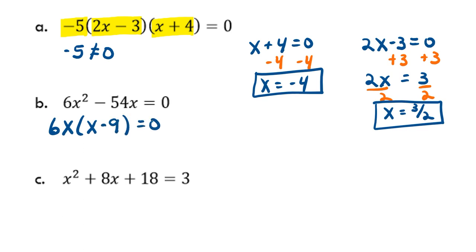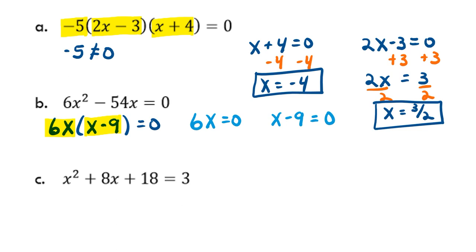There are still two factors: 6x is a factor and x minus 9 is a factor. We don't want to forget to set 6x equal to 0 to get one of our solutions. Our other solution will come from x minus 9 equals 0.